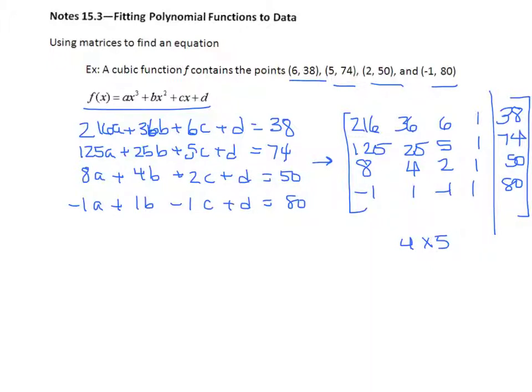Okay, so at this point you should have plugged that into the calculator and gotten out a solution matrix, which has a bunch of 1s and 0s and looks like this.